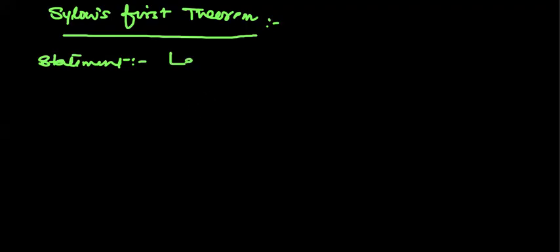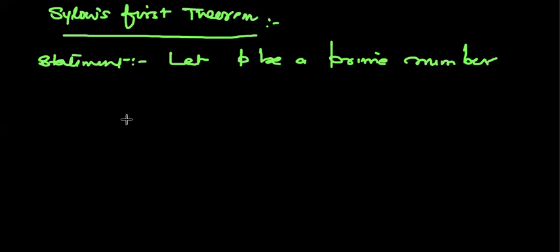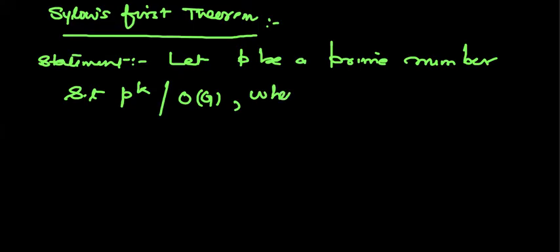Let p be a prime number so that p raised to power k divides the order of G, where k belongs to the positive integers, a natural number.